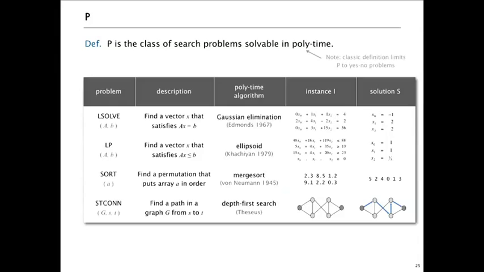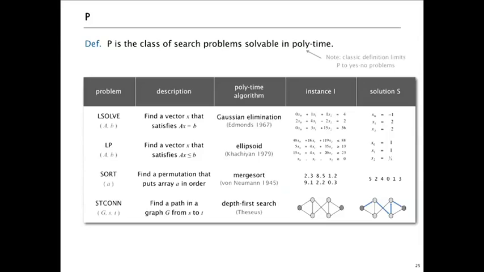Just a little bit has to be done to convince yourself, or to cast the problem as a search problem. But many of them are explicit search problems, like s-t connectivity. You're searching for a path in a graph, and in Theseus and the Minotaur, if you are given a path, you can check that it's a path easily, so it's a search problem.